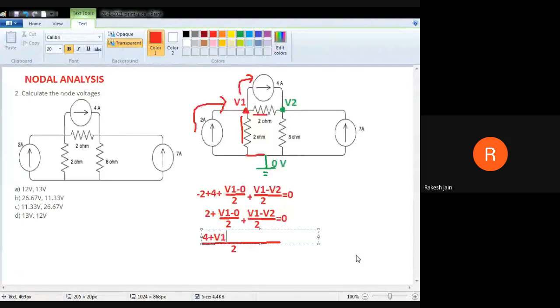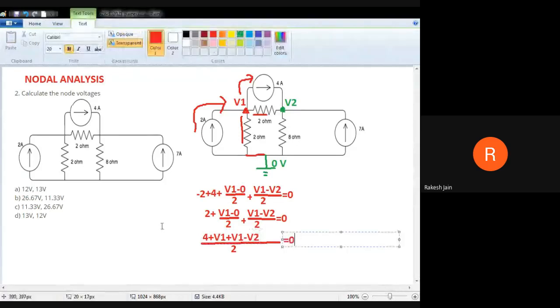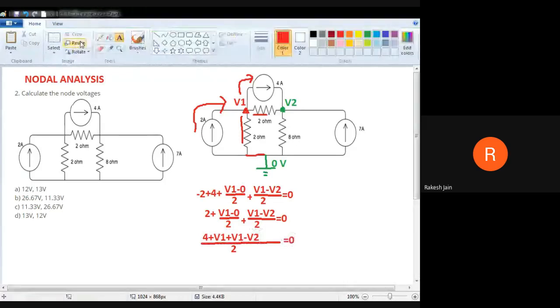So writing down the rest of the things as it is. Yes, -2 plus 4 is 2. I am going to solve this. Now take the LCM. So LCM is 2 only.